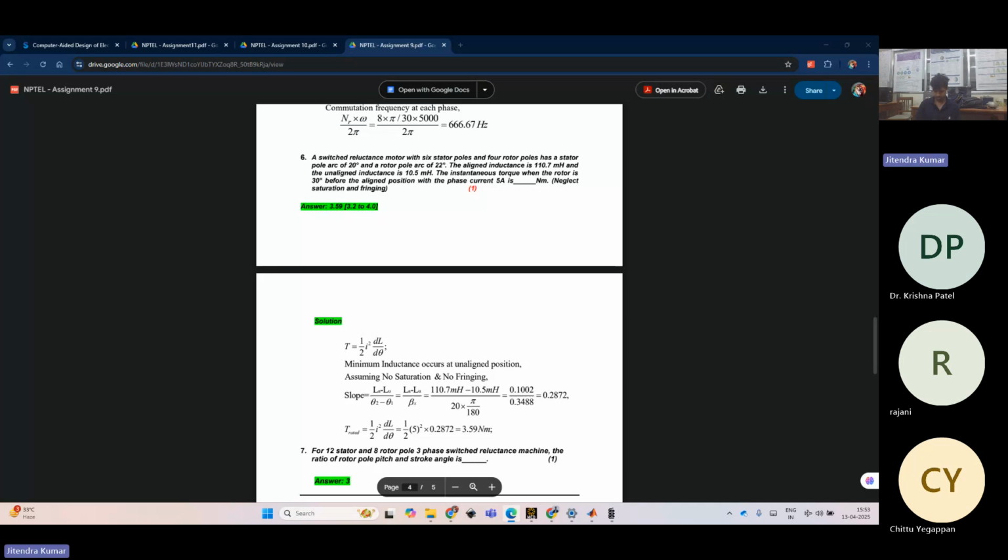Ten times pi by 180, 0.5, 330 before the aligned position.